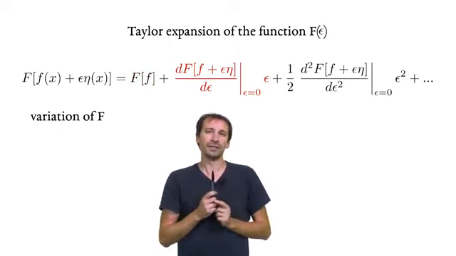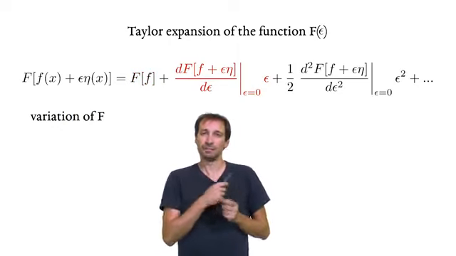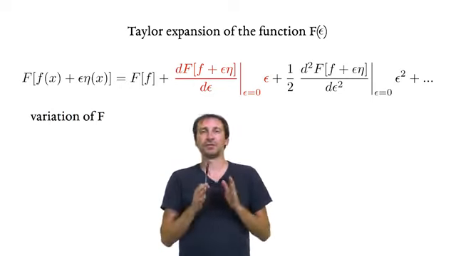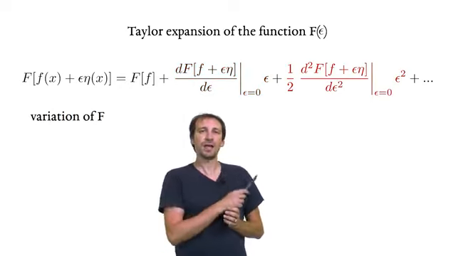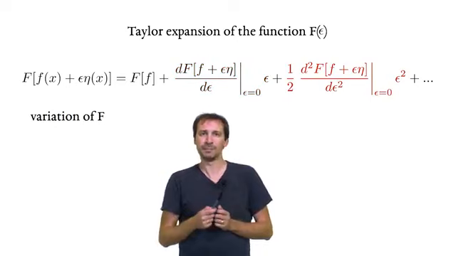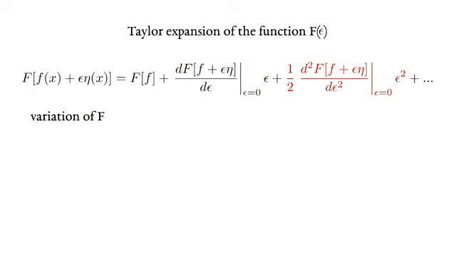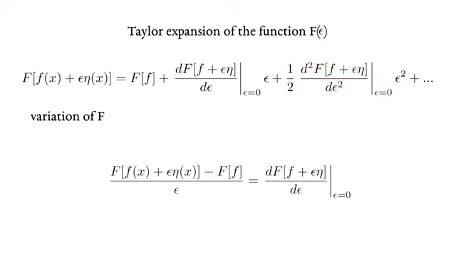It is a total derivative, because capital F here behaves as a simple function of epsilon. Then we have the second derivative with respect to epsilon, and so on. We can then construct, in analogy with the derivative of a simple function, the incremental ratio, which will be, by definition, related to the first derivative with respect to epsilon.